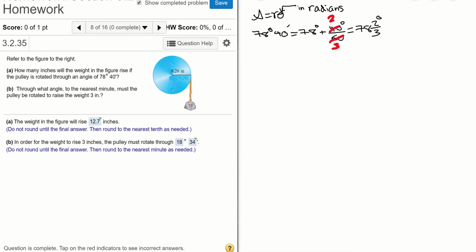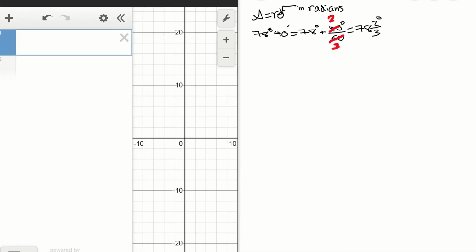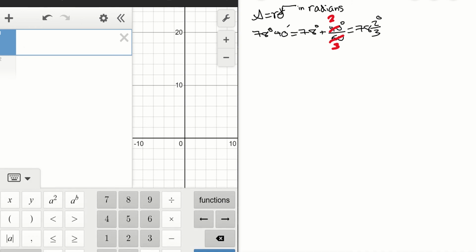So if we go to something like Desmos and turn that into an improper fraction, we're going to multiply 78 by 3 and then add 2 to get 236. So we get 236 over 3 degrees.